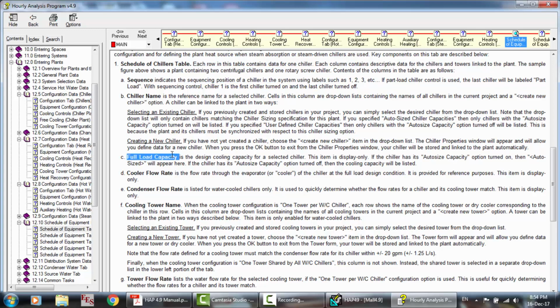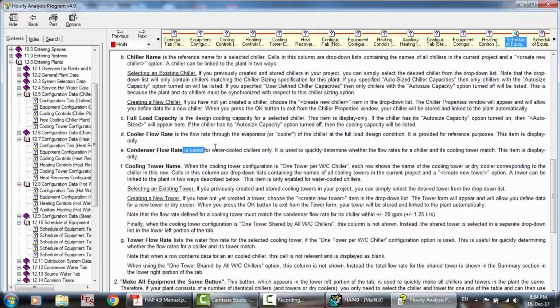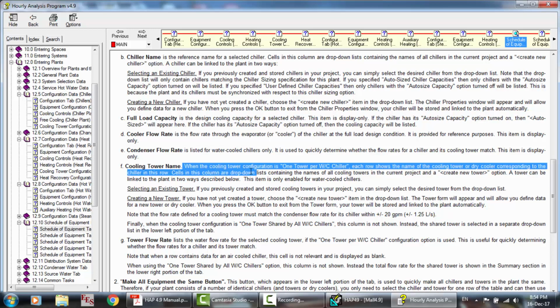The cooler flow rate is the flow rate through the evaporator cooler of the chiller at the full load design condition. For the condenser, listed for water cooled chillers, it is used to quickly determine whether the flow rates of the chiller and its cooling tower match. Also the cooling tower name: with the cooling tower configuration of 1 tower per water cooled chiller, each row shows the name of the cooling tower. So here is the tower flow rate.